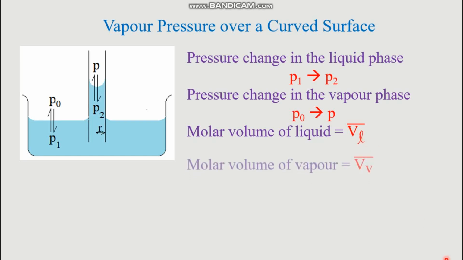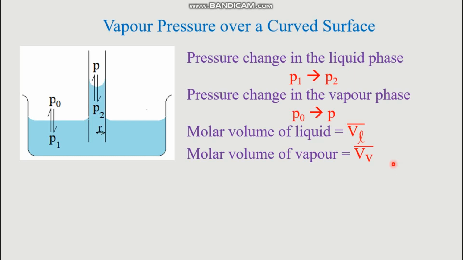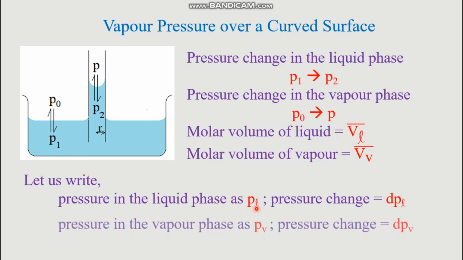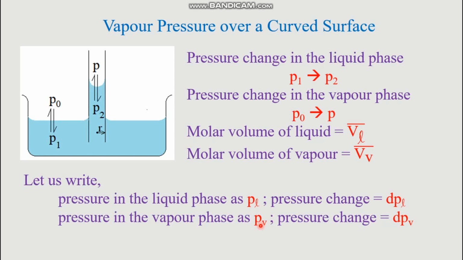Similarly, the molar volume of the vapor is V bar with the suffix V, where V stands for vapor. After denoting the molar volumes, we have to denote the pressures of the corresponding phases also. For the liquid phase the pressure is PL, for the vapor phase the pressure is PV, and the corresponding changes are dPL for the liquid phase and dPV for the vapor phase.